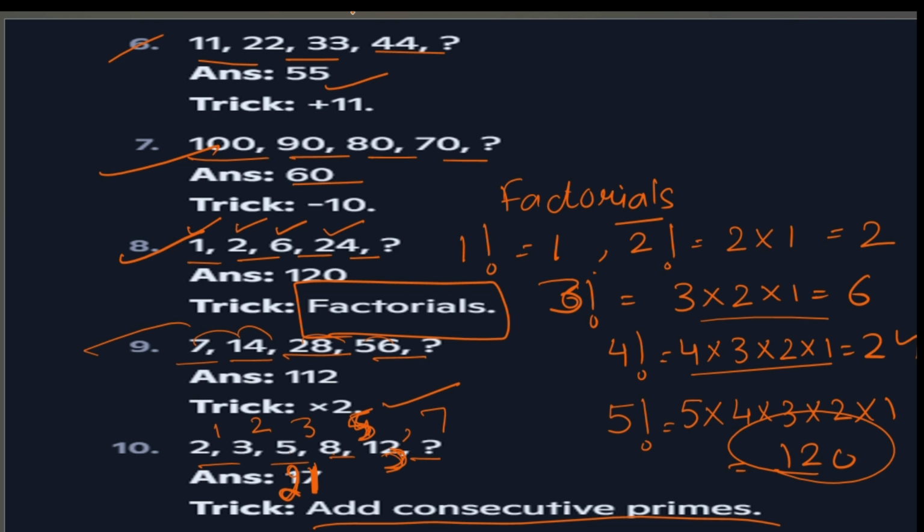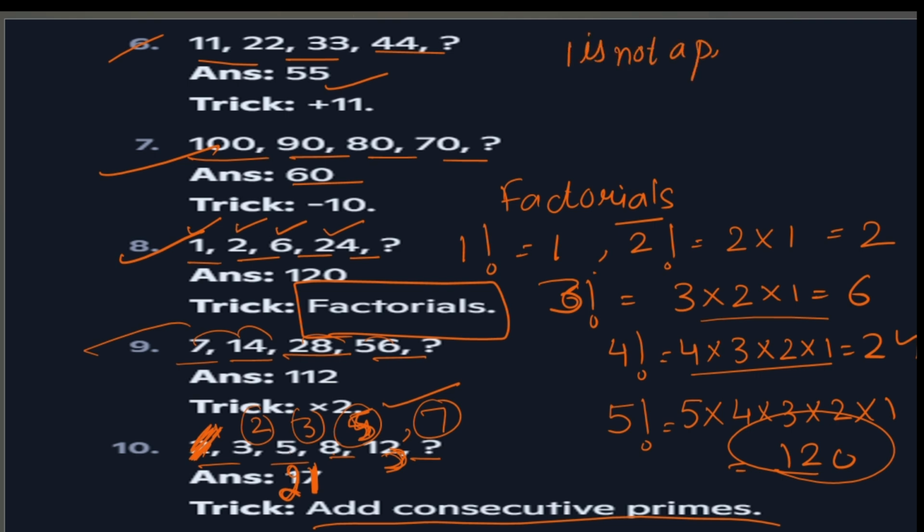So 2, 3, then 1, 3, 5, then 2, 5, 8, then 3 we have added. 8 and 13, there we have added 5, and then we are going to add consecutive prime numbers. These are the consecutive prime numbers. We are going to add 7. And here 2 won't be there, because 1 is not a prime number.